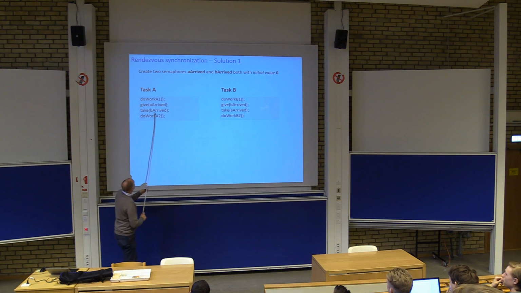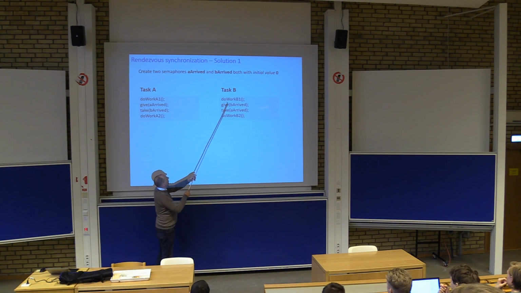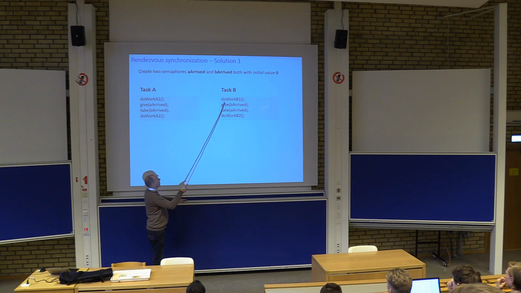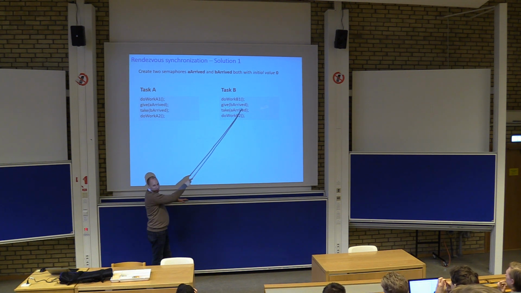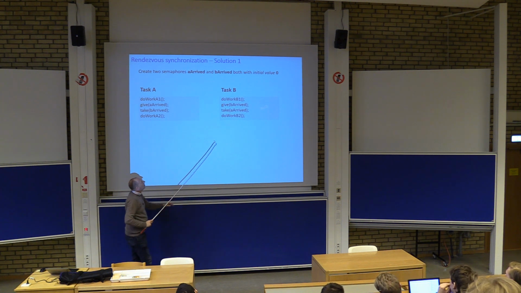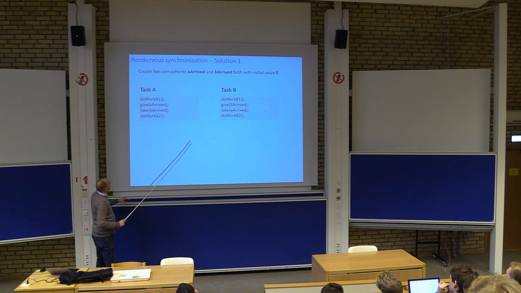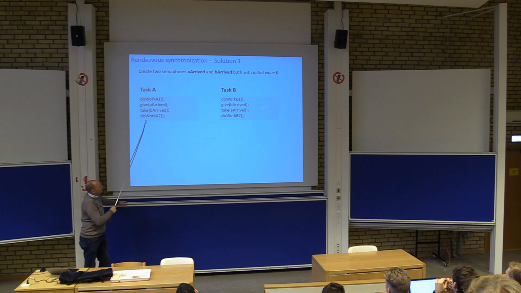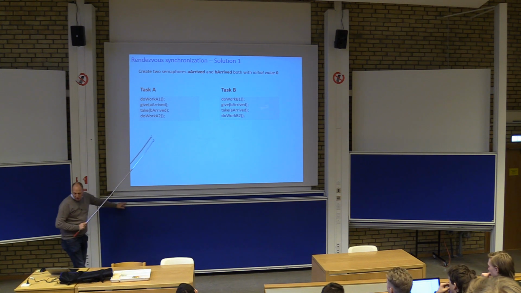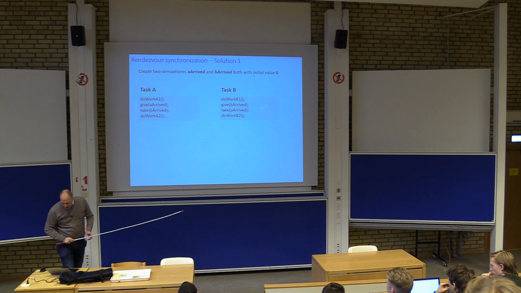So if that happens, it will block, and the only thing that can happen then, if these were the only two tasks, is that task B will be scheduled and it will do its work, and then it will increase the semaphore, and then we can continue to do this. Yeah. So that was one solution.